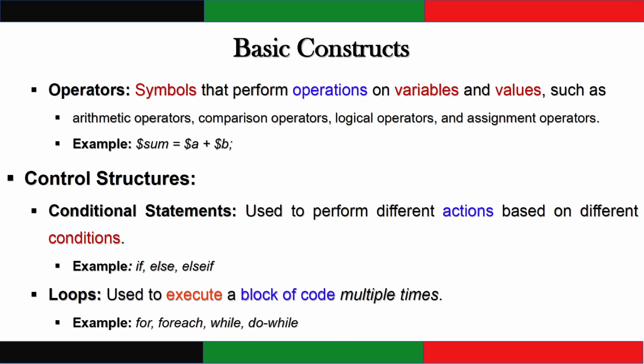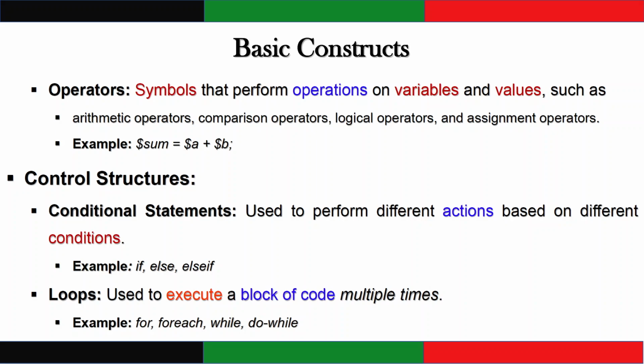Another construct that we will be looking at is the control structures. Control structures determine the flow of our program. Once we write our PHP program and I want it to execute, by default PHP will start from the first line of your code and run until it reaches the end. So from line number 1 to line number 2, line number 3, in that particular order.